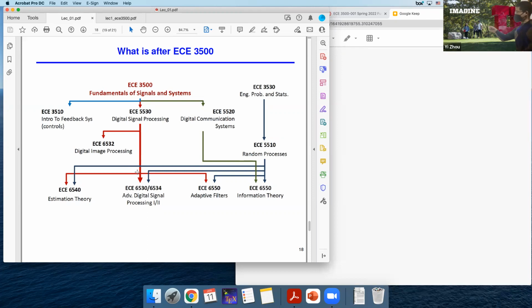Basically, we can measure information by quantifying its level of uncertainty. That is a kind of formal definition of information. So information is the level of uncertainty.